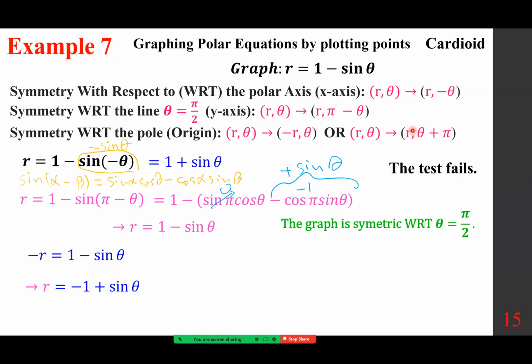So the second one is to replace the theta with theta plus pi. And as you remember, sine of alpha plus beta, I have a plus sign here. So I'm going to expand this in the same manner, just like this one with the plus in between. Of course, sine theta cosine pi plus cosine theta sine pi.